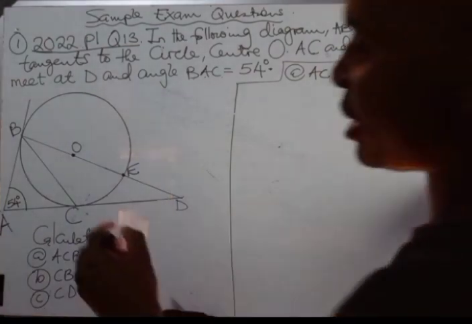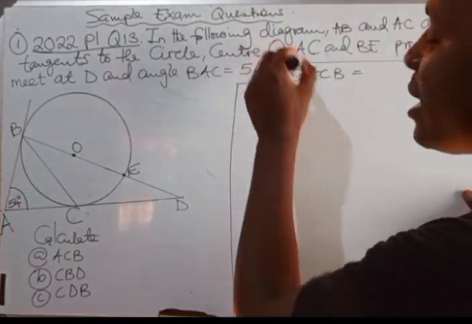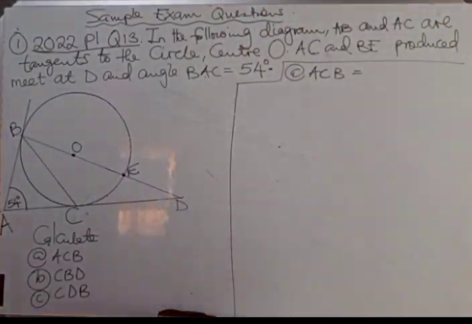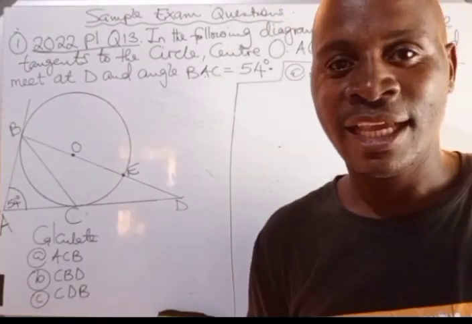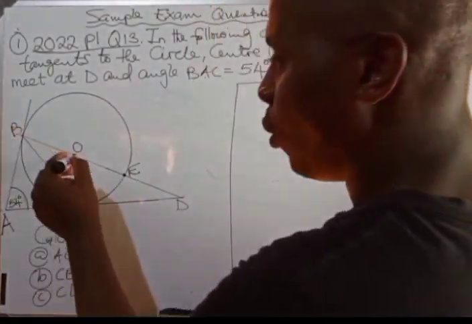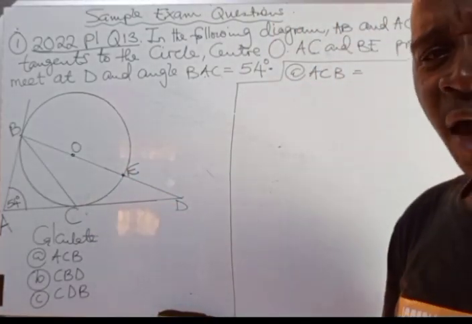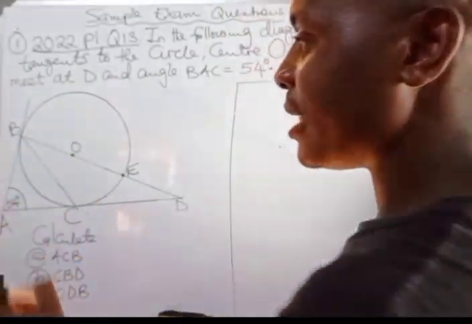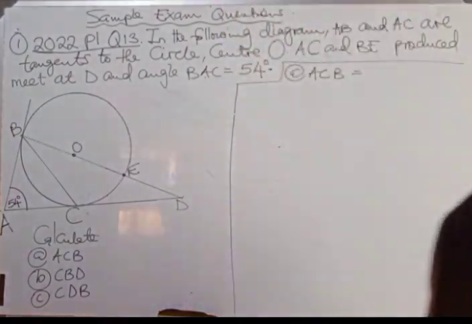What we should know is that if there's a center O, it means that the line that passes through the center is a diameter. A diameter is made up of two radii. This means that from the center up to B, or from the center up to E, these are radii. Now, a radius and a tangent, where they meet, they make a 90 degrees.